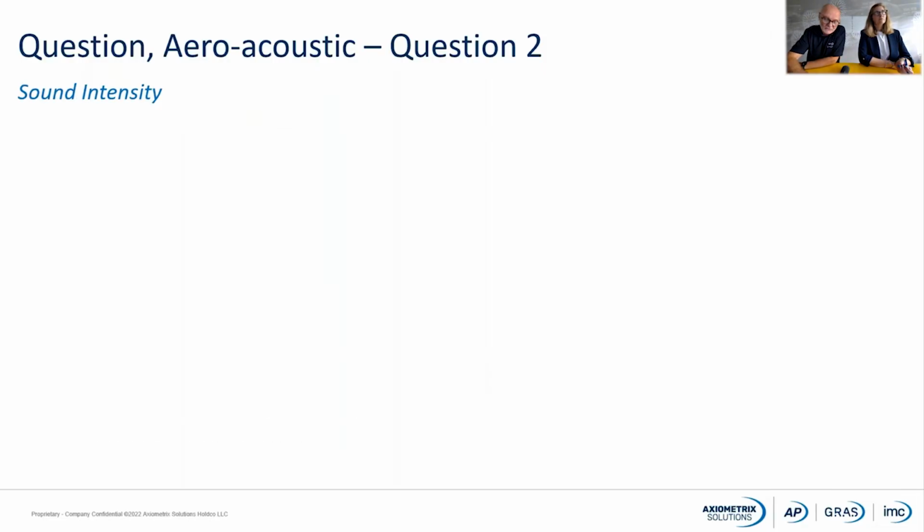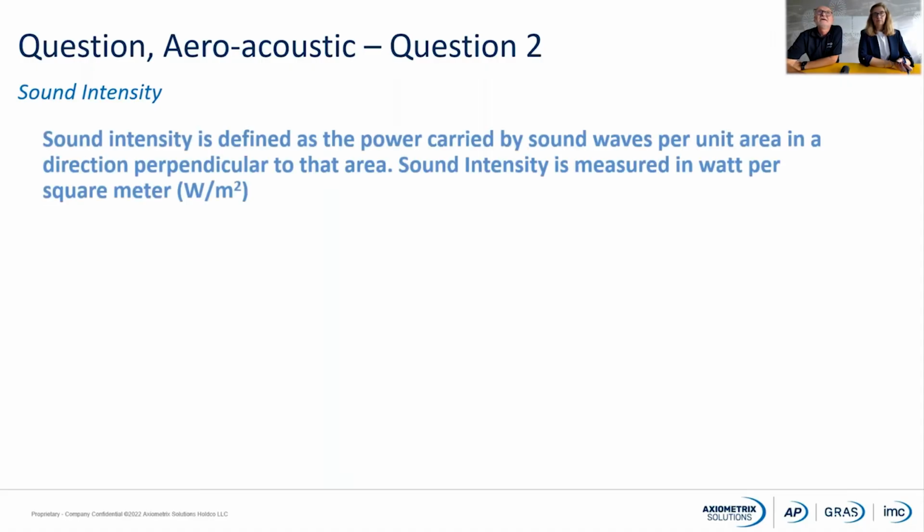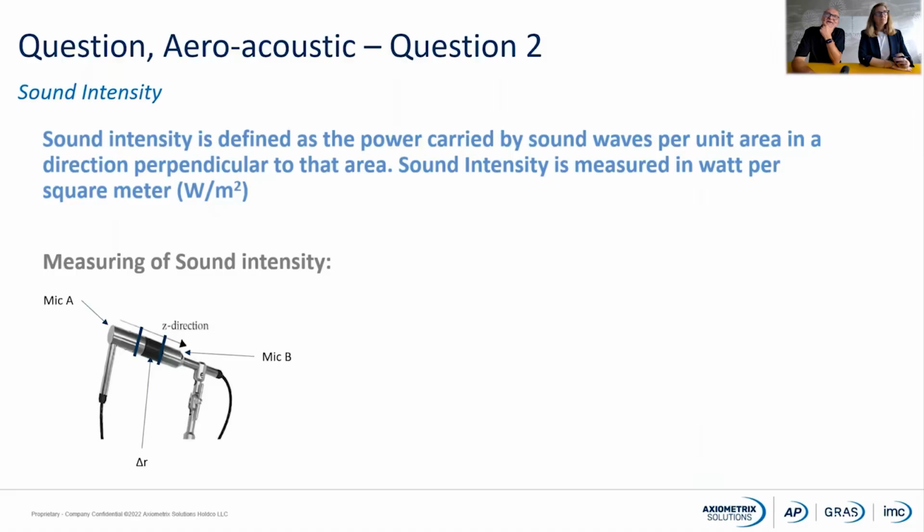So let's have a little look at sound intensity for understanding this. Sound intensity is defined as the power carried by sound waves per unit area in a direction normal to that area. Sound intensity is measured in watts per square meter. For doing sound intensity measurements, we need a sound intensity probe.